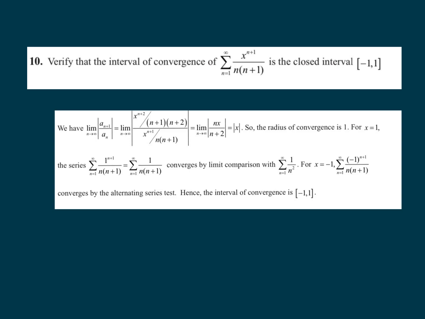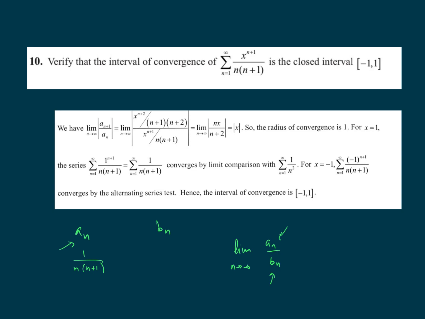To remind you, if you have a sub n that you want to test, the a sub n will be 1 divided by n(n plus 1). And you have v sub n, and you take the limit when n goes to infinity of a sub n divided by v sub n. If v sub n converges, a sub n converges.